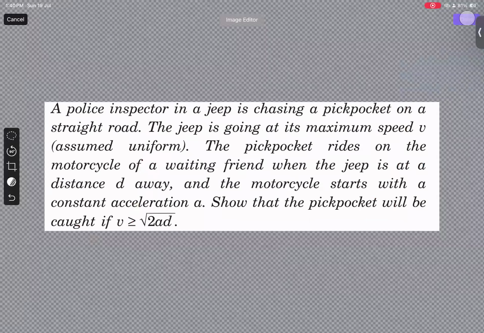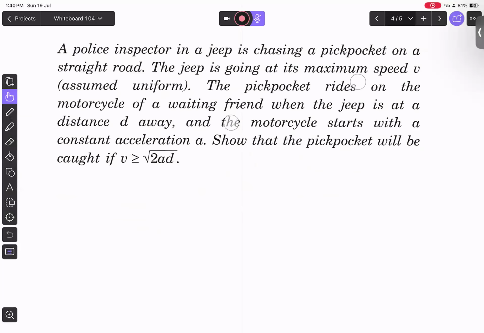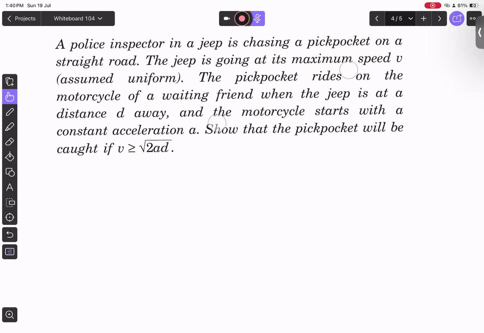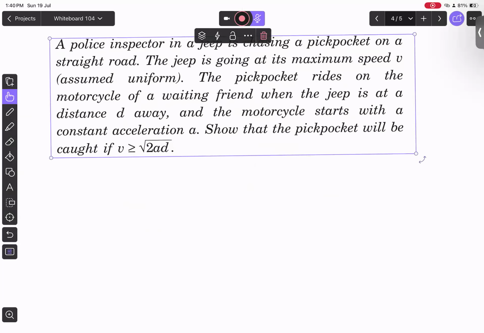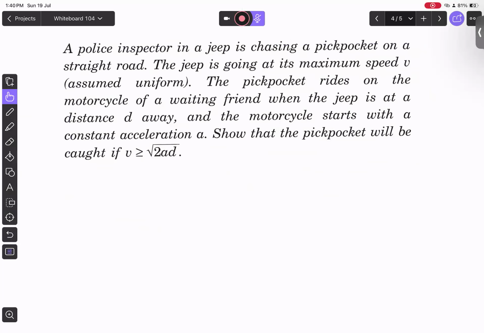And we are going to solve it by being in the ground frame. And maybe we can solve it by being in the frame of one of them. So the question is, a police inspector in a jeep is chasing a pickpocket on a straight road. The jeep is going at its maximum speed v, and that is uniform speed.